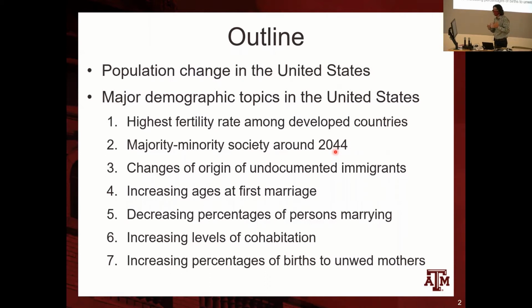This term is controversial because in this minority group we are putting people with completely different experiences in the American society. We are putting together Native Americans, non-Hispanic Asians, non-Hispanic African Americans, the Hispanic population, multiracial people. We are putting all these people together and calling them minority and saying that they will be the majority of the country, and on the other side, counting only non-Hispanic whites.